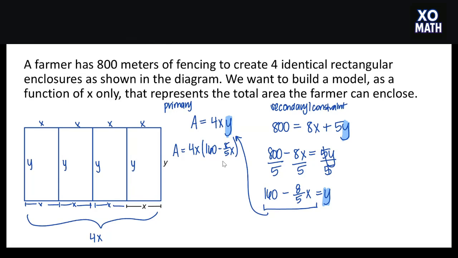Now it's just a function of x, or A of x is equal to, if I choose to go ahead and distribute this in, 640x minus 32/5 x squared. So this right here is my answer. It's a model that represents the total area as a function of just x.